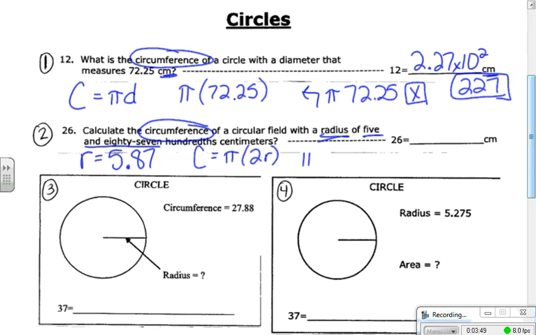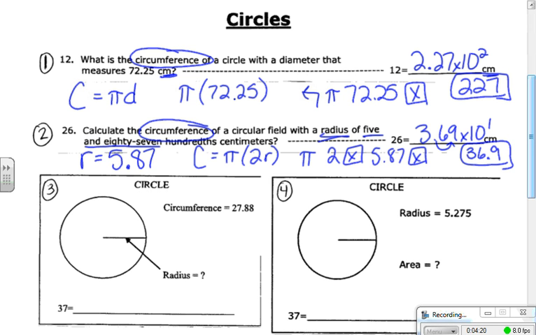So hit orange shift cos to get pi to come up. Then we want to multiply it by 2, so we'll hit 2 times. And then we want our radius, 5.87 times. Whenever you multiply all of that, you should end up with a value of 3.69 times 10 to the first, which, if you move your decimal over to the right one place, you get 36.9.